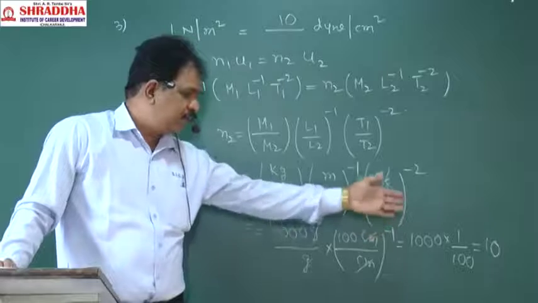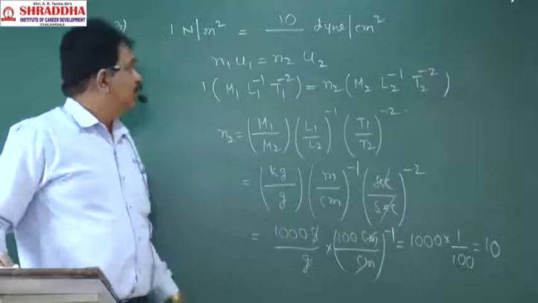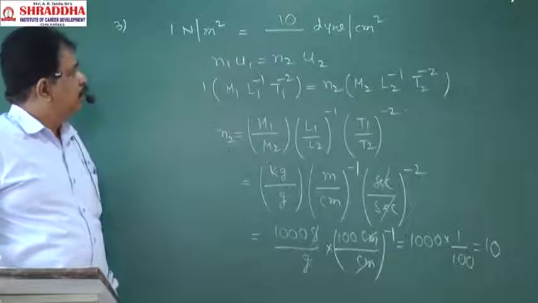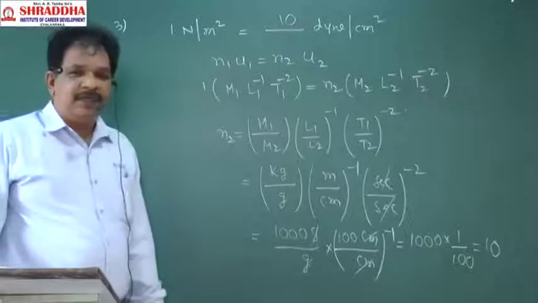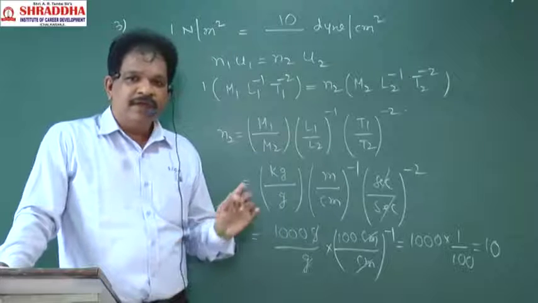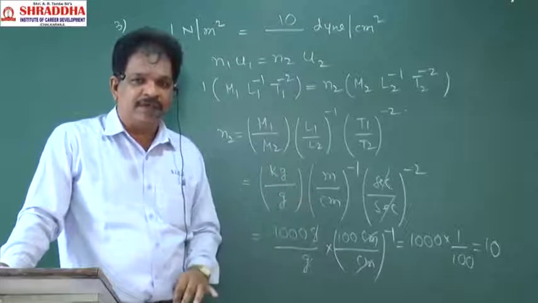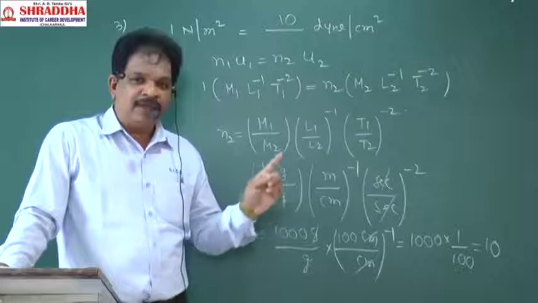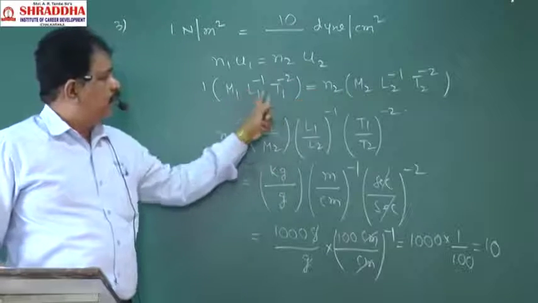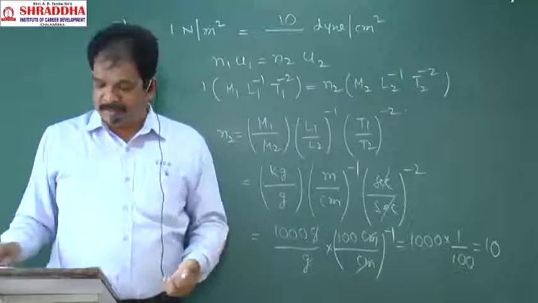So two zeros will cancel and it becomes 10 only. So 1 Newton per meter square is equal to 10 dyne per centimeter square. Like this, to convert one system of units into another system of units, dimensional analysis will be useful. We are using dimensional formulas only here, you understand.